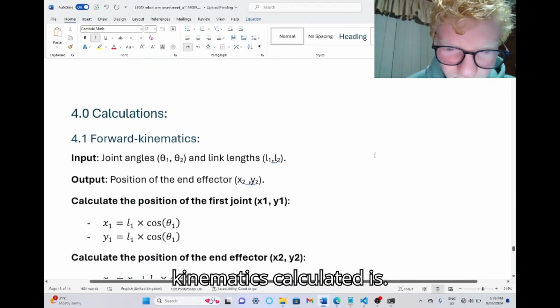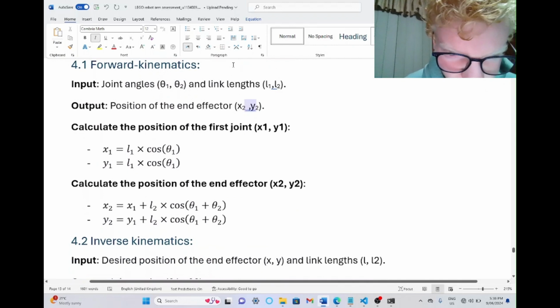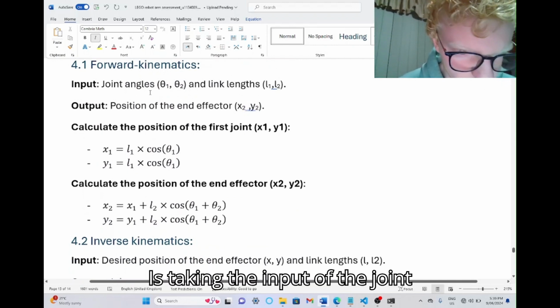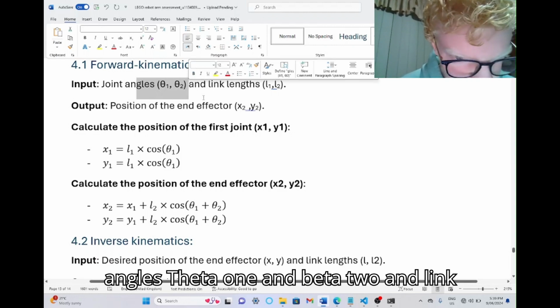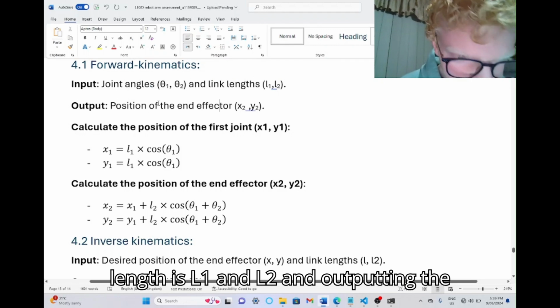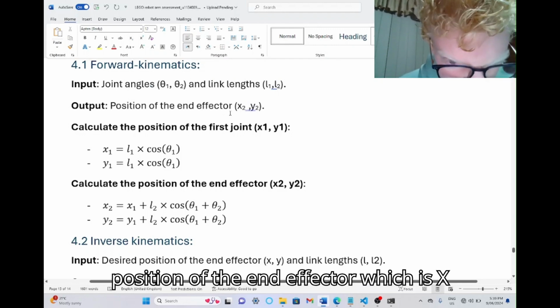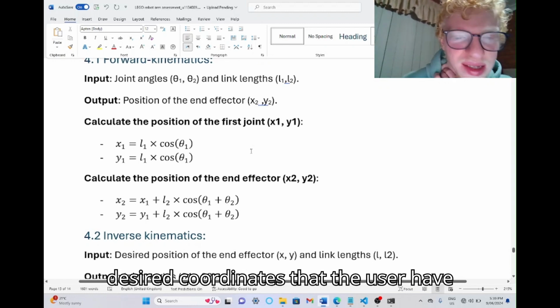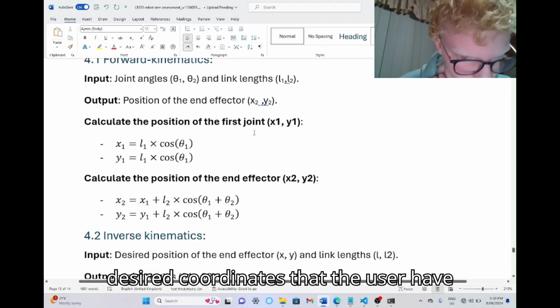So the forward kinematics calculation is taking the input of the joint angles θ1 and θ2 and link lengths L1 and L2, and outputting the position of the end effector, which is x2, y2. x2, y2 will be the desired coordinates that the user has entered.